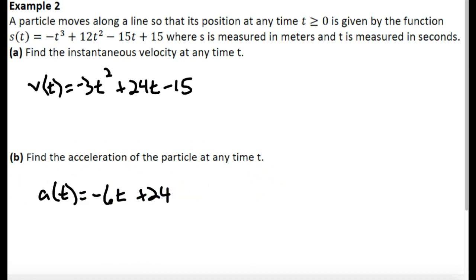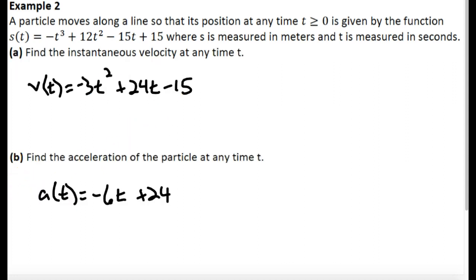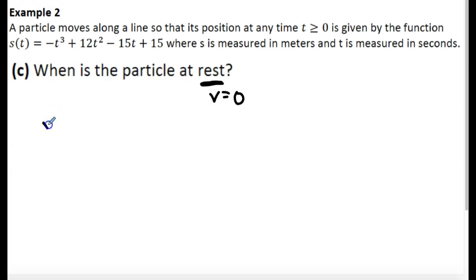Okay. So now, part C says, when is the particle at rest? We talked about this yesterday. Okay, remember, particle at rest means that our velocity is equal to 0. So take a second and see if you can solve this. Okay, it won't be a nice number, I'll tell you that much. All right, so my velocity function, we said, was negative 3t squared plus 24t minus 15.